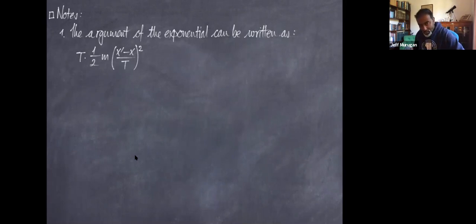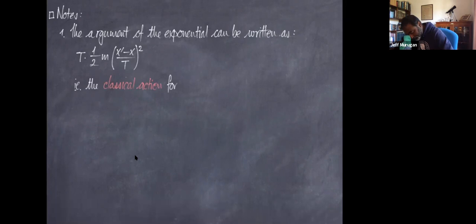In other words, this is the classical action for a particle moving along a straight line connecting x and x prime at constant velocity, for a free particle moving in a straight line.